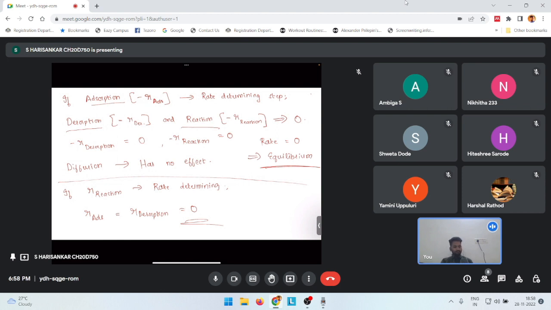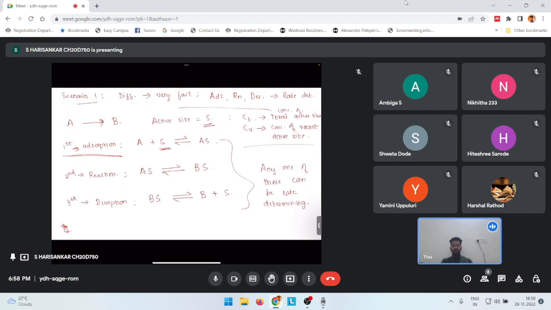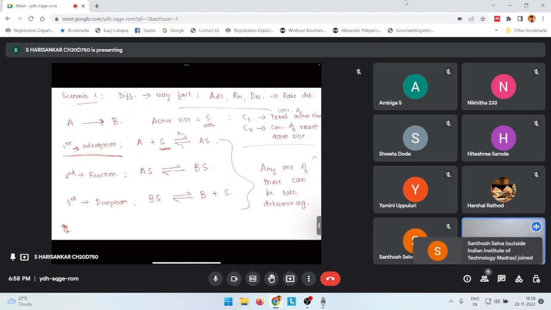We have a reversible adsorption with rate constants K1, K2. Your reaction is also a reversible reaction. Your desorption is also a reversible reaction. So if adsorption is rate determining, then these will be in equilibrium.